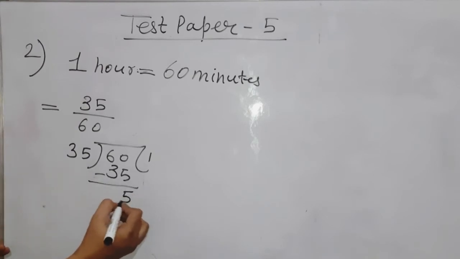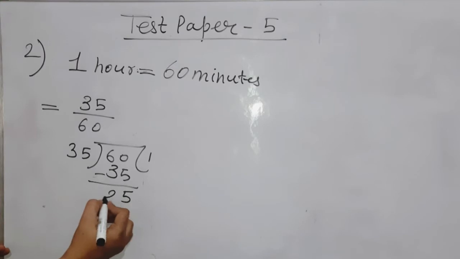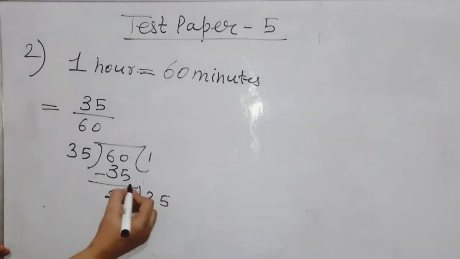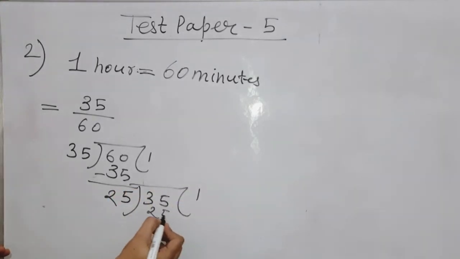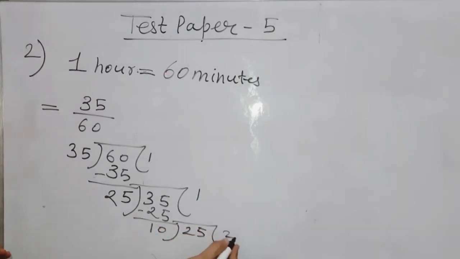I am solving the HCF for you. So now it will be 25, again 25 ones are 25, 10 is remaining, again 10 twos are 20, what is remaining? 5 is remaining, 5 twos are 10.